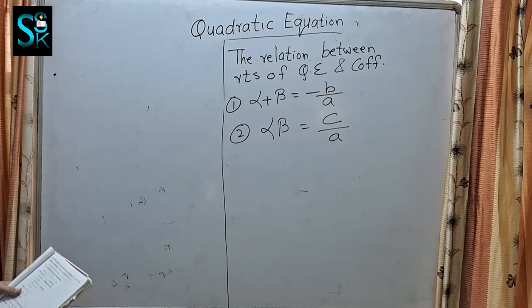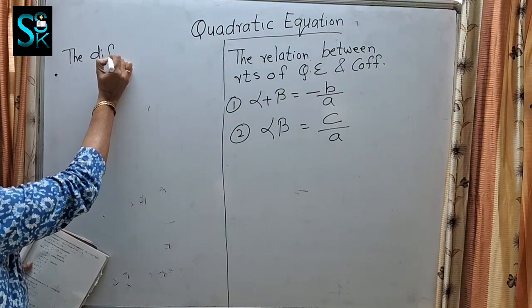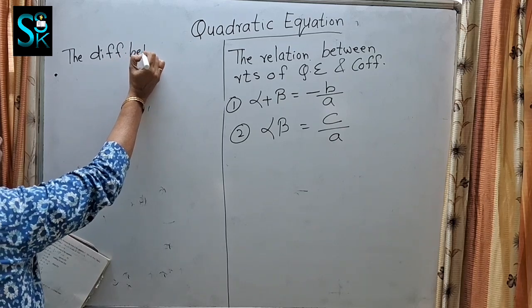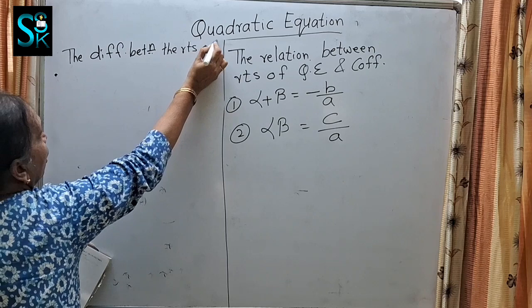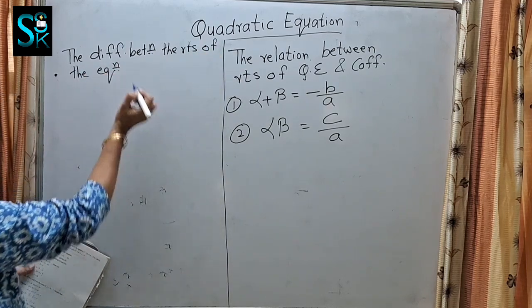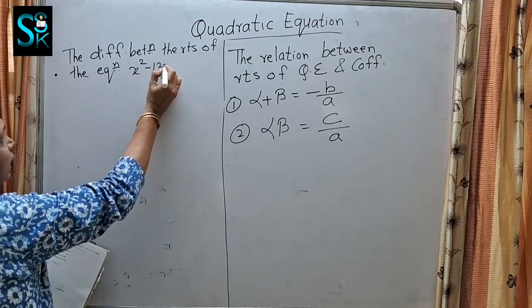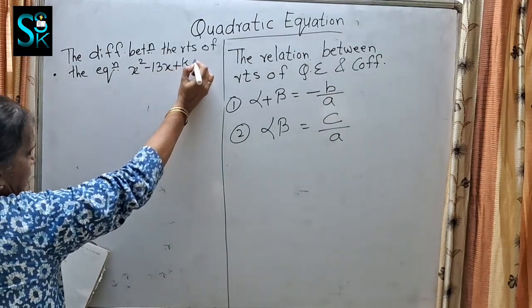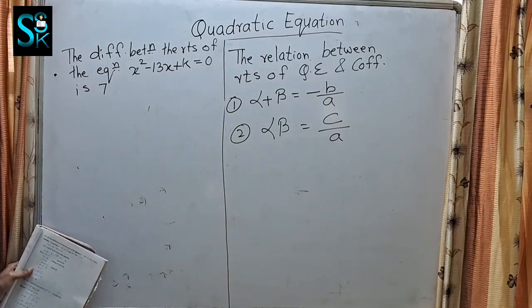The difference between the roots of the equation x square minus 13x plus k is equal to 0 is 7.